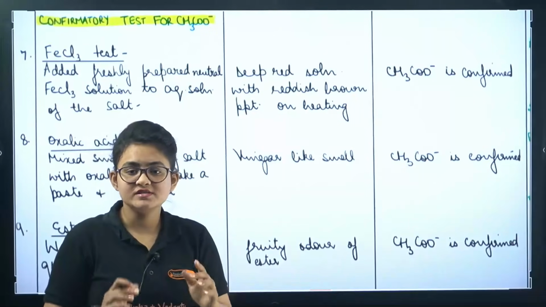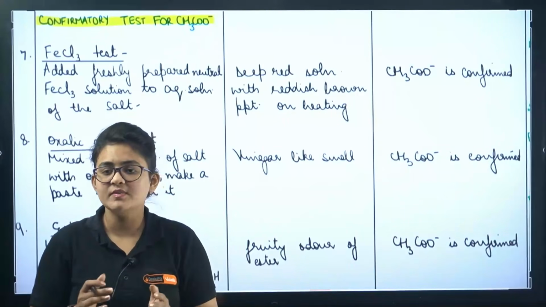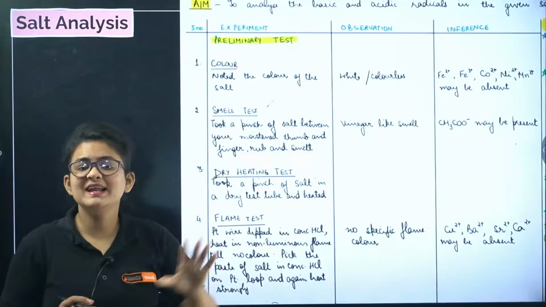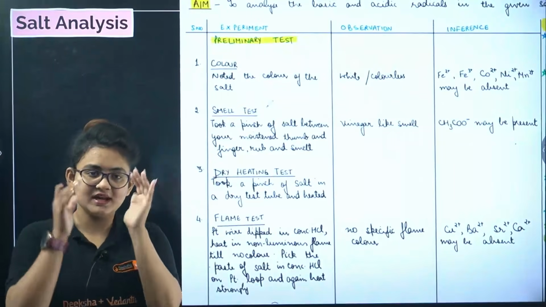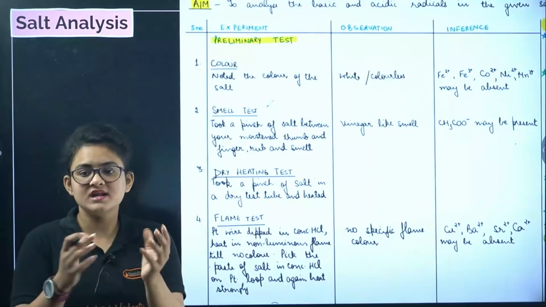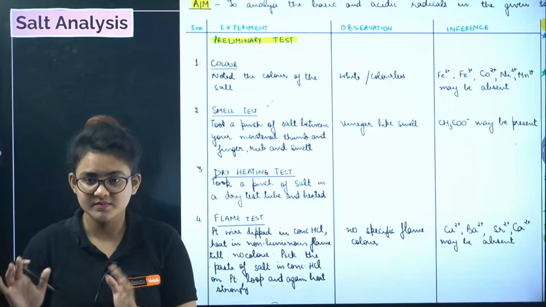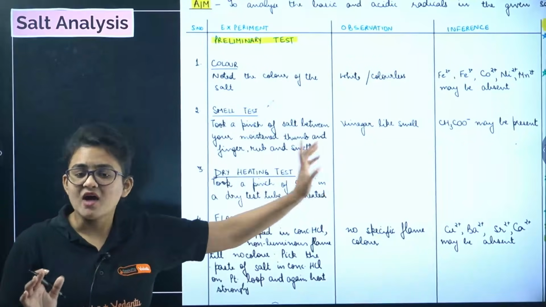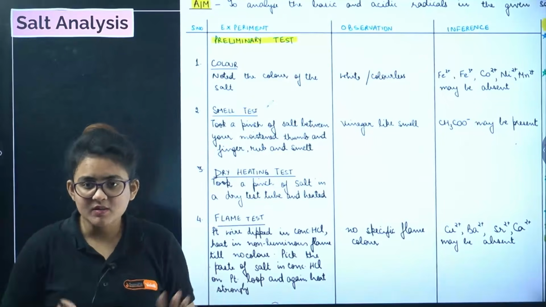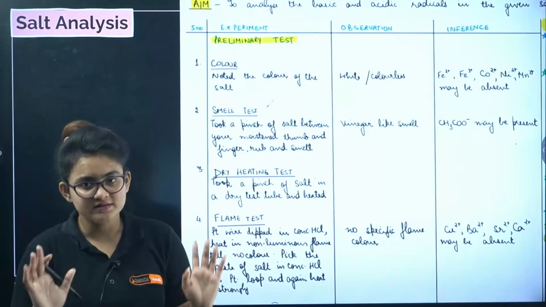So how should you proceed? Once again, just a small recap. At first, start with your aim, then the preliminary test, basic test, so that I can get the idea which cations or which anions I have to proceed with and which I don't. There I write may be present, may be absent. So I got a basic idea what I have to perform further.